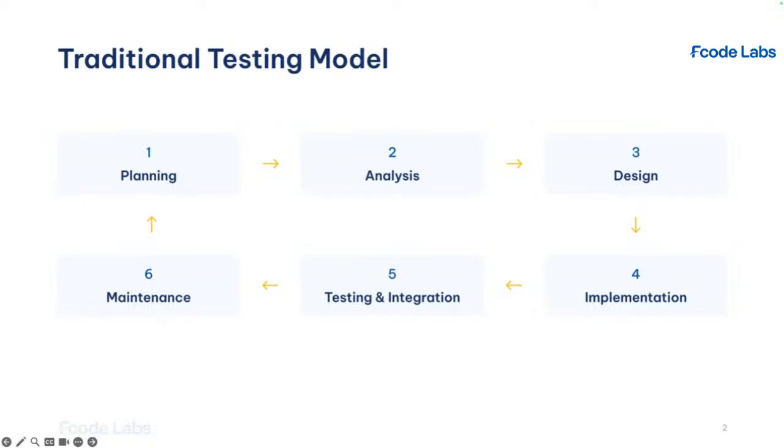There's a structured cycle which starts with planning, then analysis, design, implementation, then comes testing and integration, and finally maintenance. This is a structured process, and the testers, quality engineers, the people who are responsible for the quality of the product have to wait until the fifth step, testing and integration, to test this product.